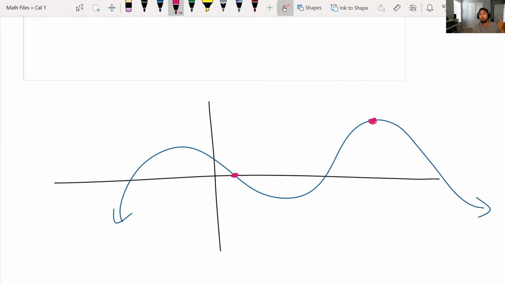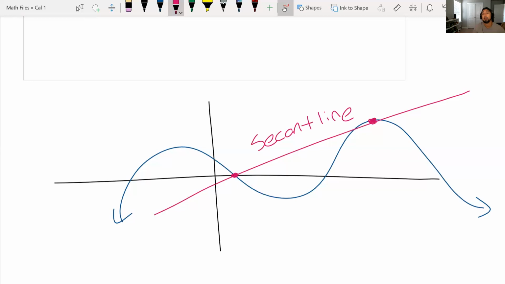We know the line through one point is called the tangent line. But if I have a line going through 2 points, this is considered the secant line.